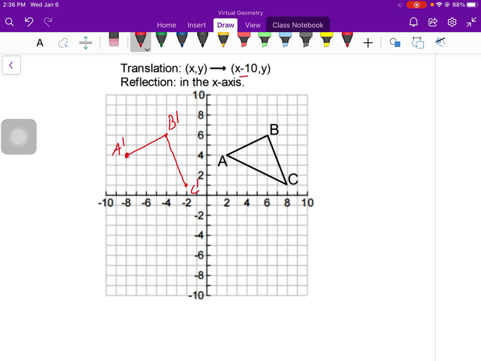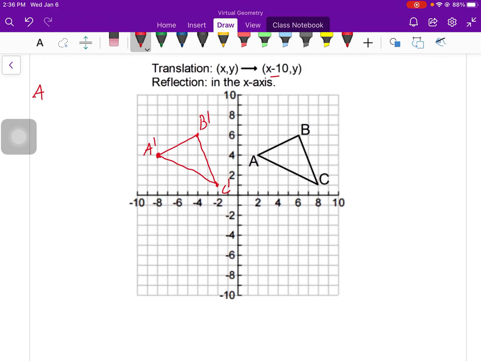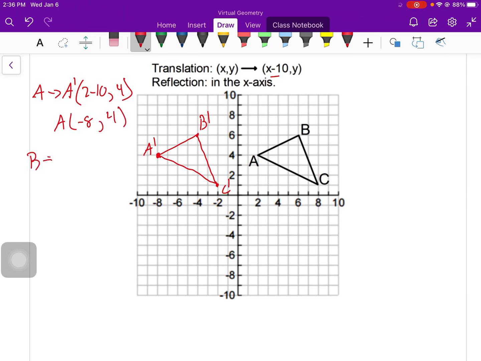All right, so the work that I should be showing off to the side is just A to A prime. That's going to be, well, A was (2, 4), so 2 minus 10, and then the y was 4. And then B goes to B prime, which B was at (6, 6), so 6 minus 10, 6.